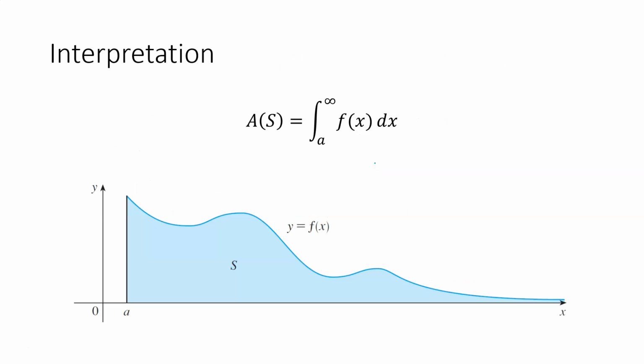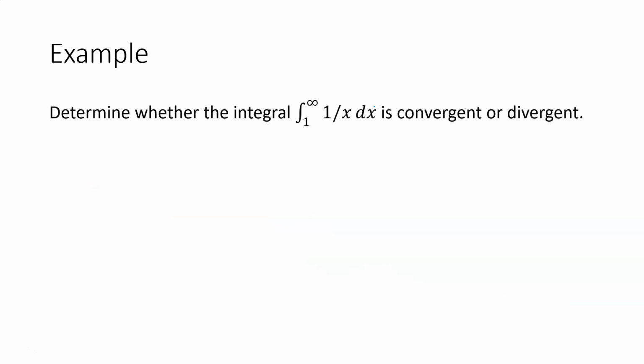So let's try a simple example. Here's just one way we can visualize it, finding the area of an infinite region. So what about this integral here? The integral from 1 to infinity of 1 over x dx.